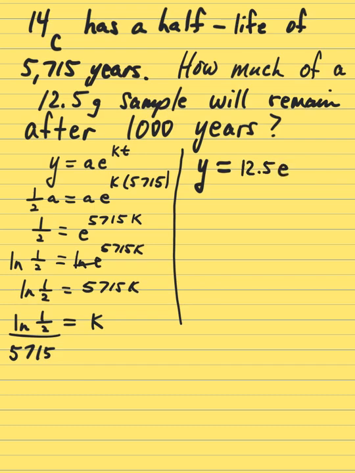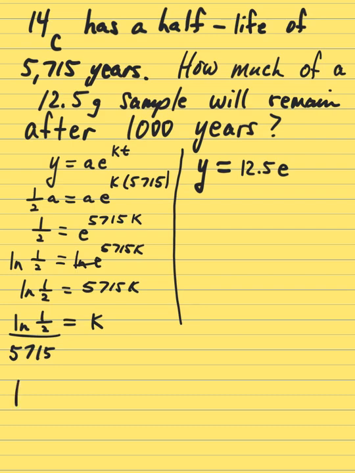We now have the rate of decay. If you want to leave that as ln half over 5715, that's totally fine. If you want a decimal version, natural log of 1/2, close parentheses, divided by 5715, and sure enough it's negative.